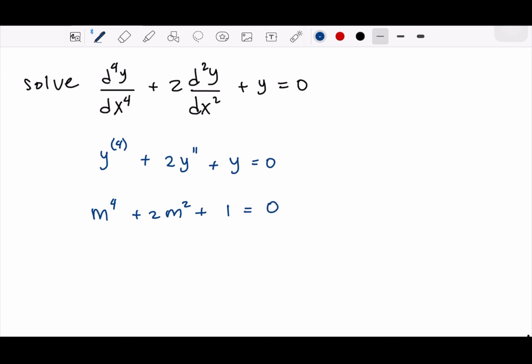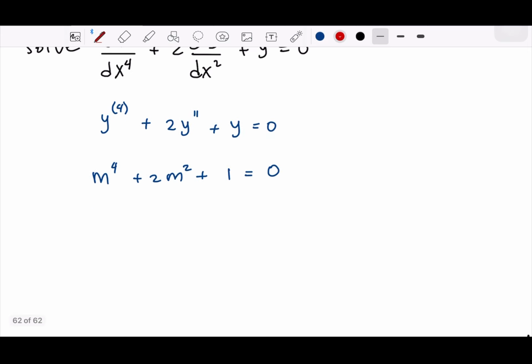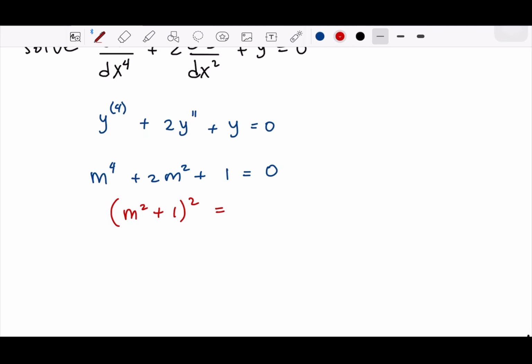Okay. And then this actually can be factorized, right? We can factorize this and make it m squared plus 1 squared, like that. Okay. And this equals 0.